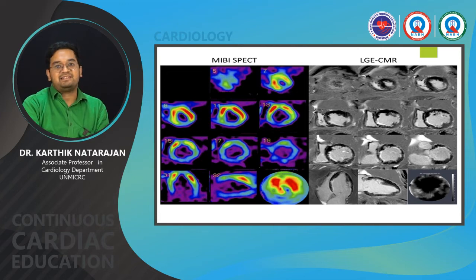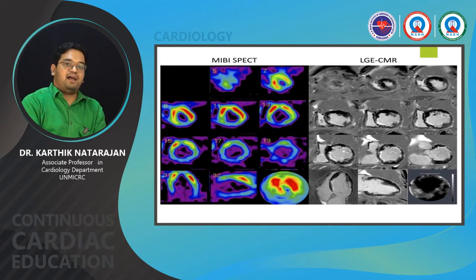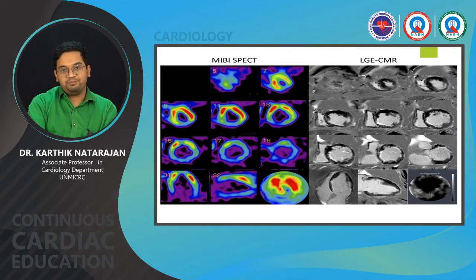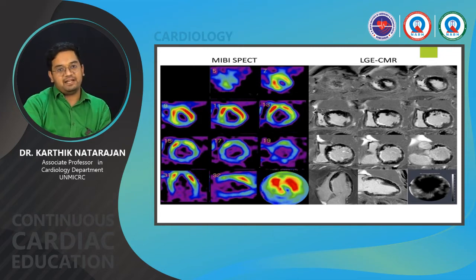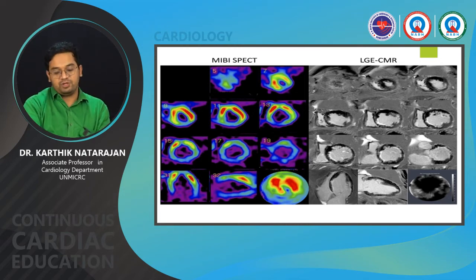But when an LGE CMR was done, there was absence of a scar. This patient had very severe LV dysfunction on echo and triple vessel disease. He was initially referred to us for viability. We did a SPECT scan, found it to be non-viable, but this patient underwent a CMR and was found to have viability, underwent CABG and was doing well.